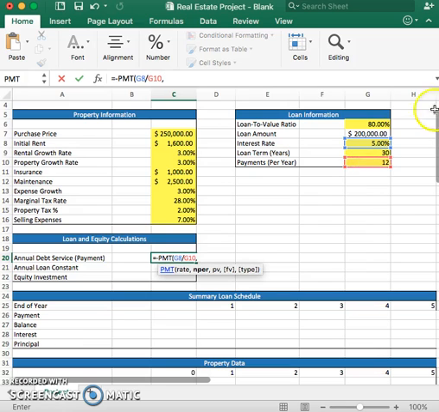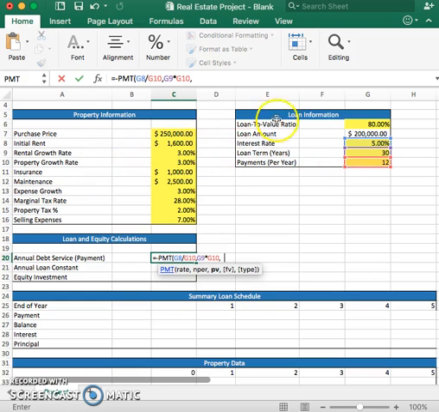The next thing would be the number of periods, which is the loan term in years, which is G9, and then multiply that by the number of payments per year, which is in G10.